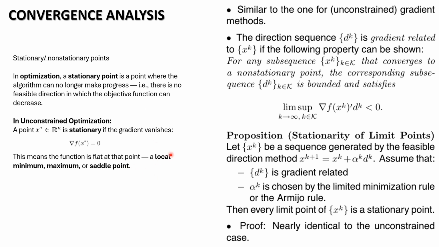And in constrained optimization, a point x star in R^n is stationary if the gradient vanishes, if the gradient is equal to 0.